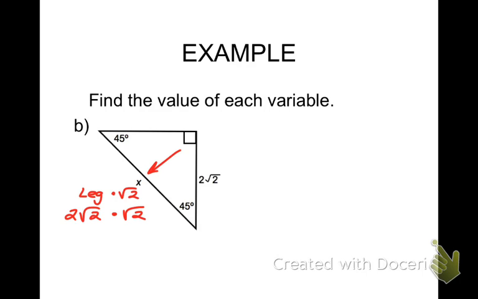So what does that get me? The square root of 4 is 2, so we get 2 times 2, which would be 4. Good. So x is equal to 4.